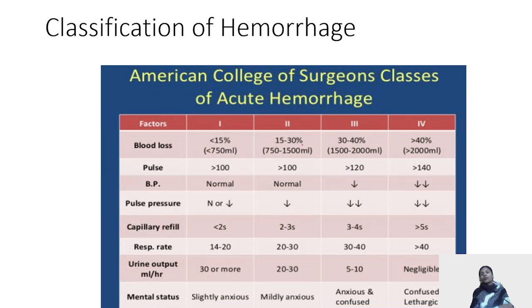The next thing that is important in fluid is how do you calculate or how do you know how much blood has been lost? That is the classes of acute hemorrhage.